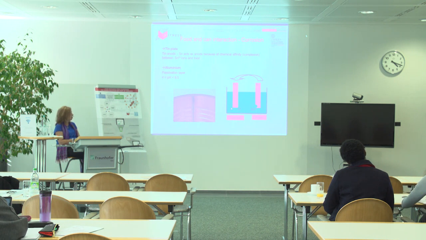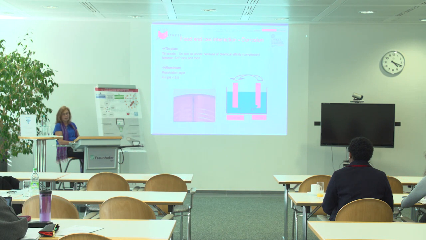We have a food that is rich in ions, so we have a good transmission, so we will have iron acting as cathode and tin acting as anode, and we will have some release of tin into the food.